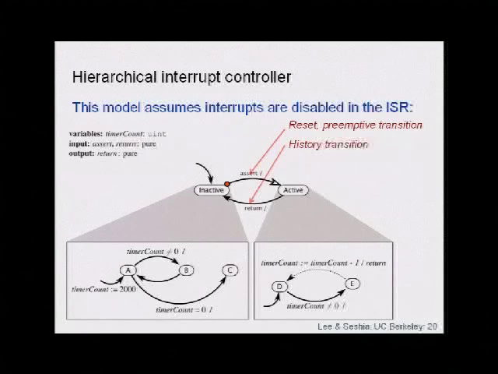What happens next depends on whether assert is present or not. Assert is the top level preemptive transition. So if you get an assert, anything inside the state machine for the main function will not execute.